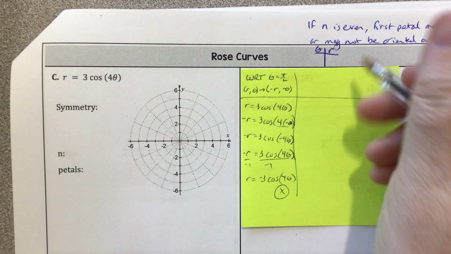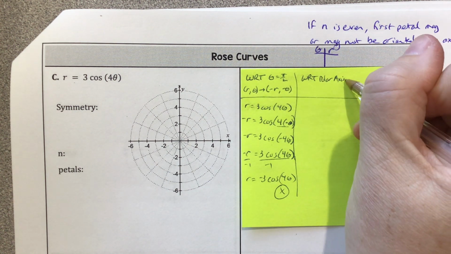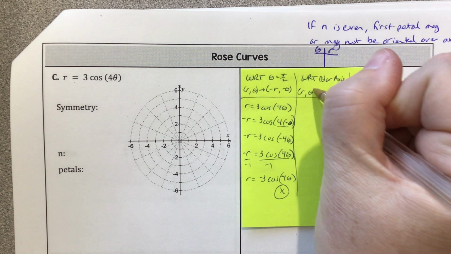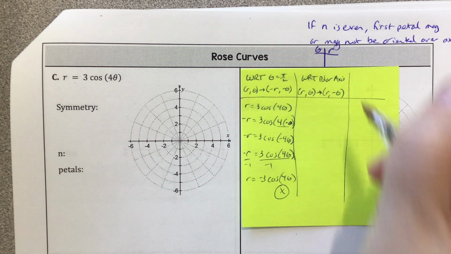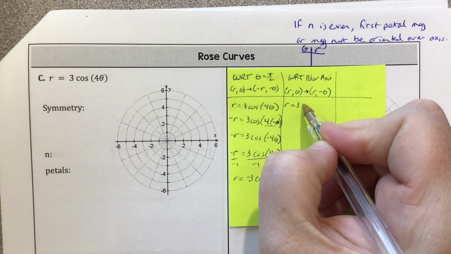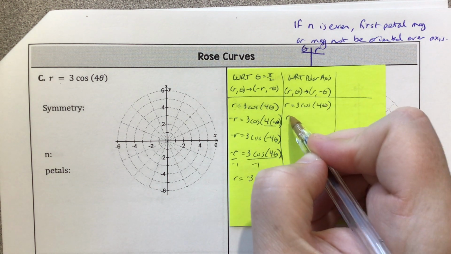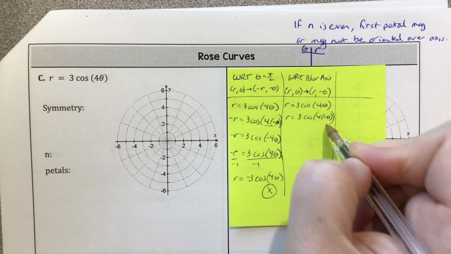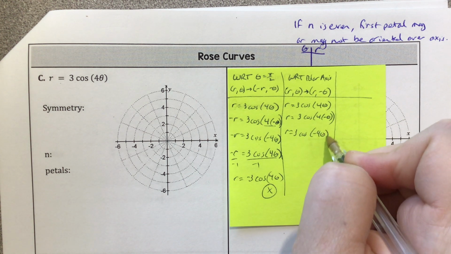Next up, let's test for symmetry with respect to the polar axis. That's similar to the x-axis. It's the horizontal axis. Our test here is to change (r, theta) to (r, negative theta) and simplify. So the equation r equals 3 cosine of 4 theta changes to r equals 3 times the cosine of 4 times negative theta, or r equals 3 times the cosine of negative 4 theta.